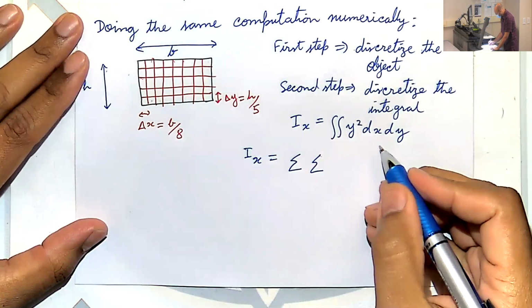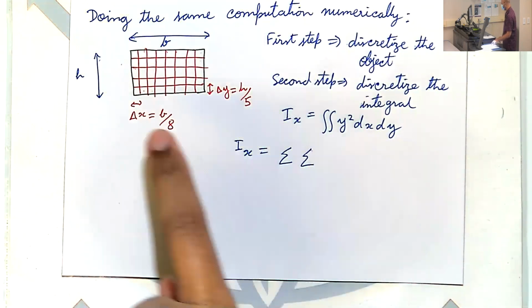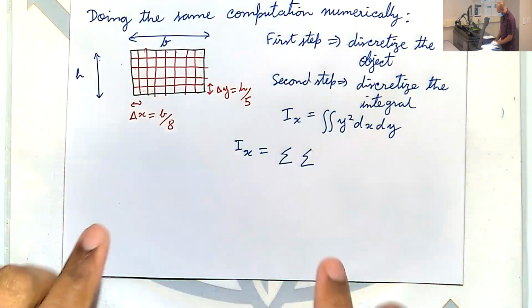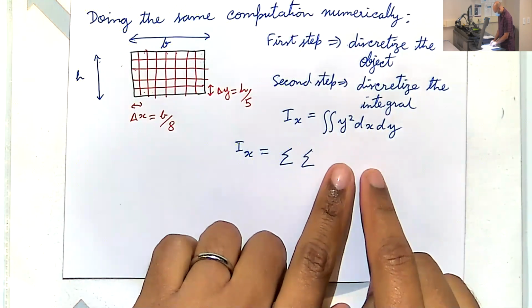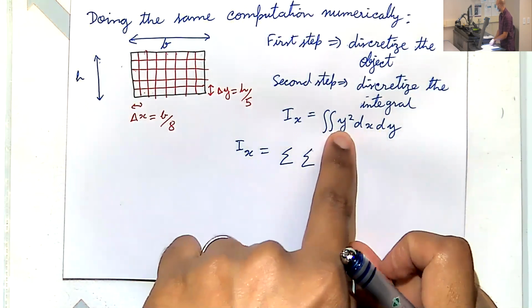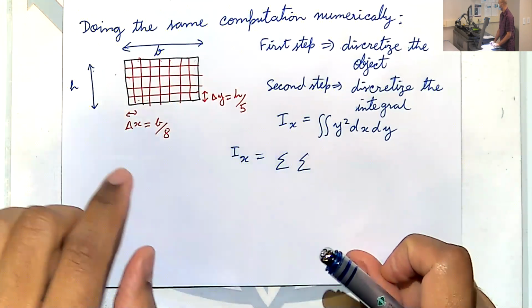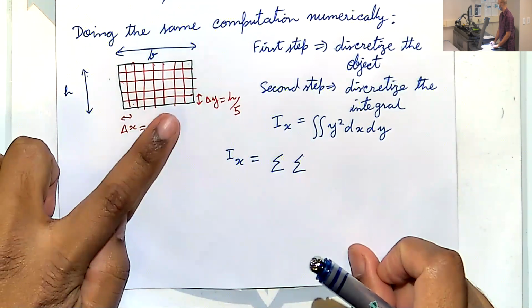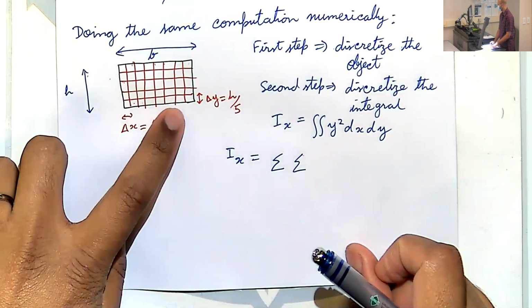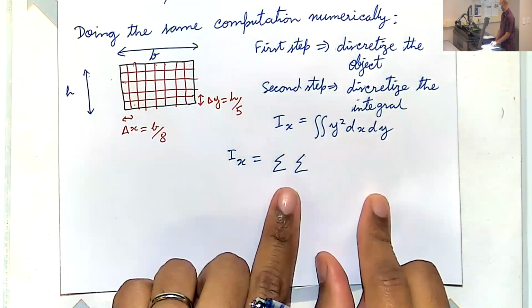All right, so let's think about what we should write here. What should we write for y squared? Maybe before that, let's think about what this summation means.